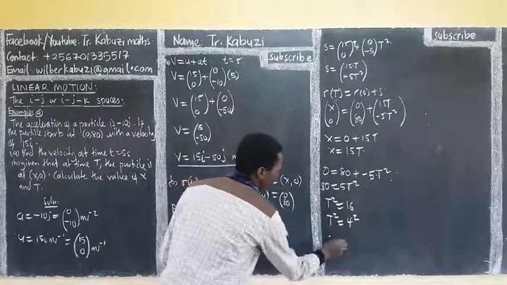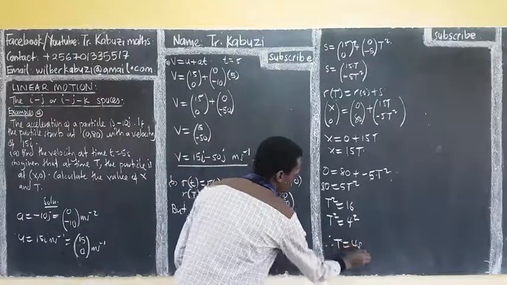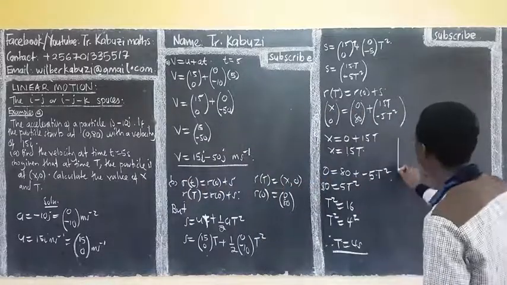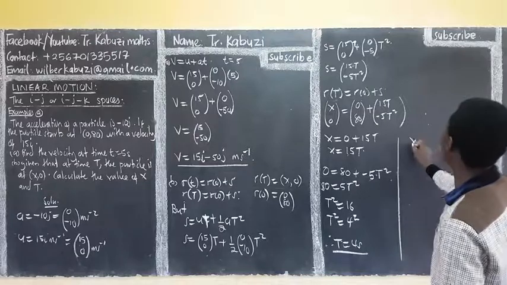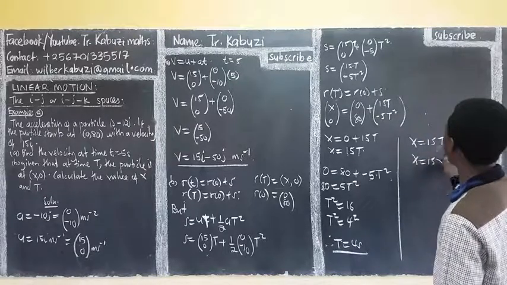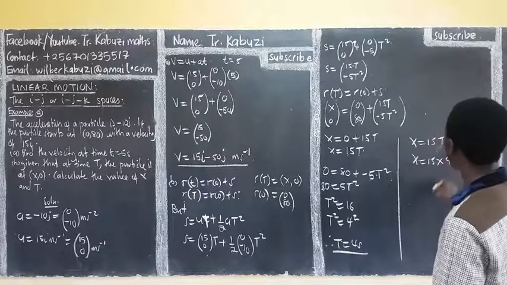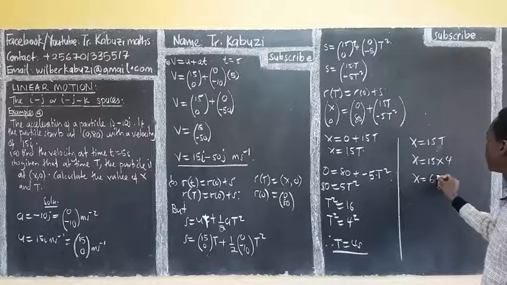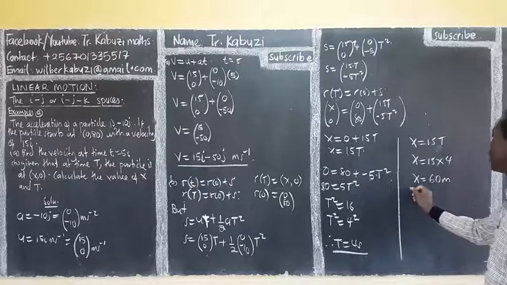So therefore, my T is going to be 4 seconds. I'm using this because I know time can't be negative. So from here, our x is going to be 15T, so our x is going to be 15 times our T, which is 4. So our x is going to be 60. Now these are going to be in meters.